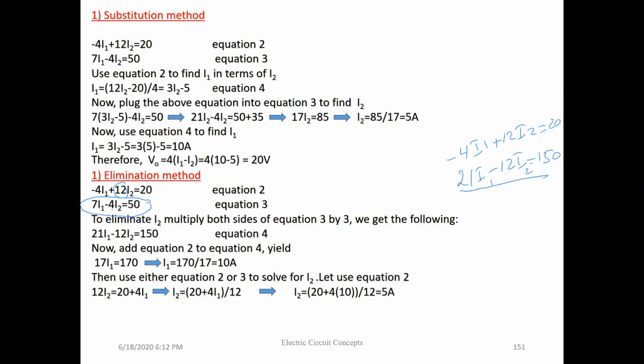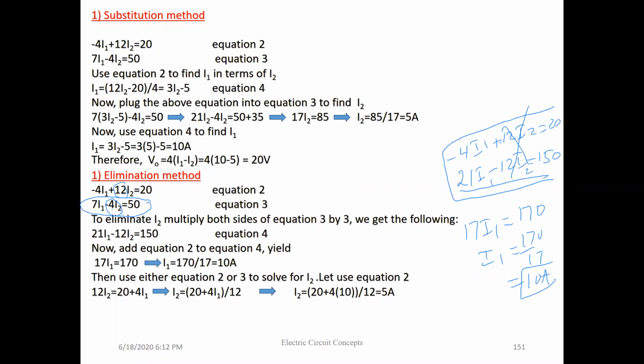The reason I multiply the third equation by 3 is to make it similar to the 12. So now if I add these two equations, the result will be 17I1, so 21I1 minus 4, and then the I2 terms are eliminated because plus 12 minus 12 is 0, equal to 170. And then divide by 17, so I1 will be 170 over 17, which is equal to 10 amps.